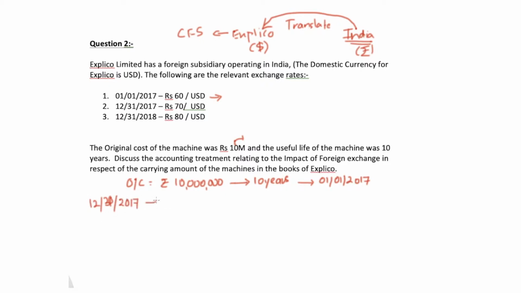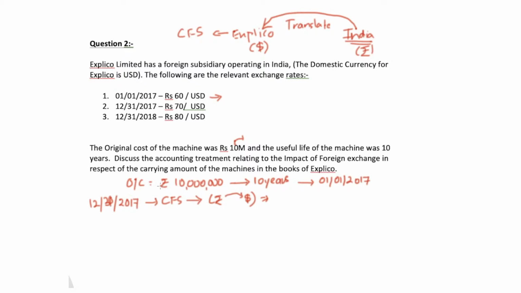Now let's come to 31st December 2017. As of this date, we need to prepare the consolidated financial statement, and in order to prepare that, we need to convert the figures from rupees to US dollars. Let's see what the carrying amount is as of 12/31 2017 for that particular property, plant, and equipment.